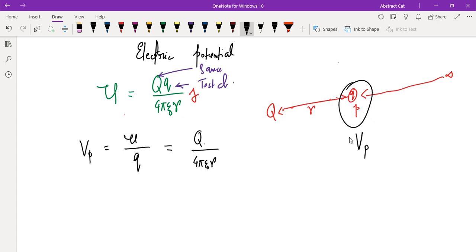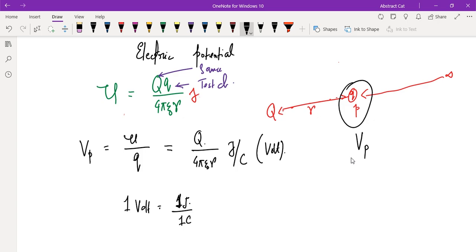The unit is joule per coulomb, and another name is volt. So 1 volt of potential is equal to 1 joule of work done needed to bring a 1 coulomb test charge from infinity to point P. That's the electric potential.